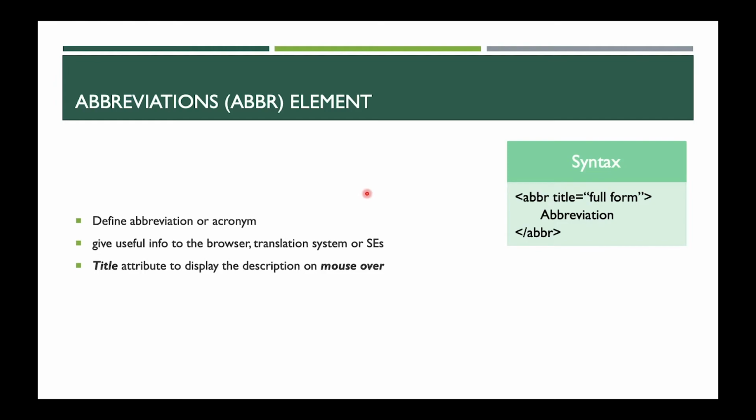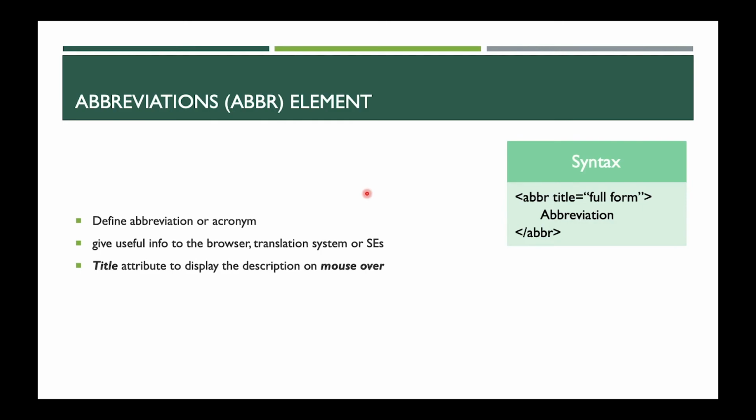Now, to make it easier for the users to understand the full form of the abbreviations or acronyms that we use within our web page, we use the global title attribute where we can include the full form of that acronym, and when the user mouses over the element, they will be able to see the full form of that acronym. To the right side, we can see the basic syntax of abbreviation, which is defined by abbr, which is the short form of abbreviation, and that's followed with the title attribute where we can include the full form of that abbreviation that we have got in the content.